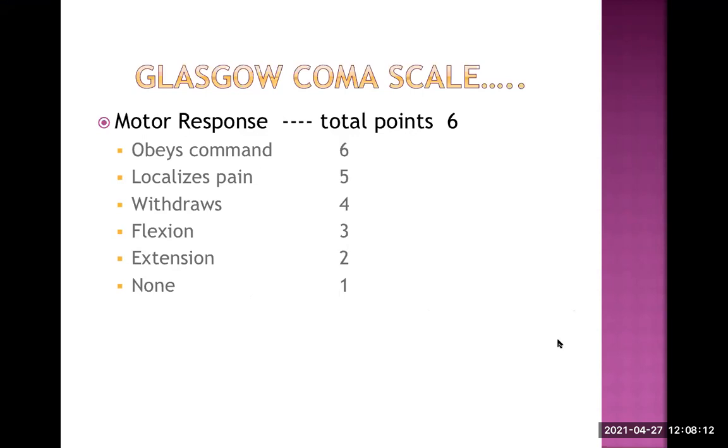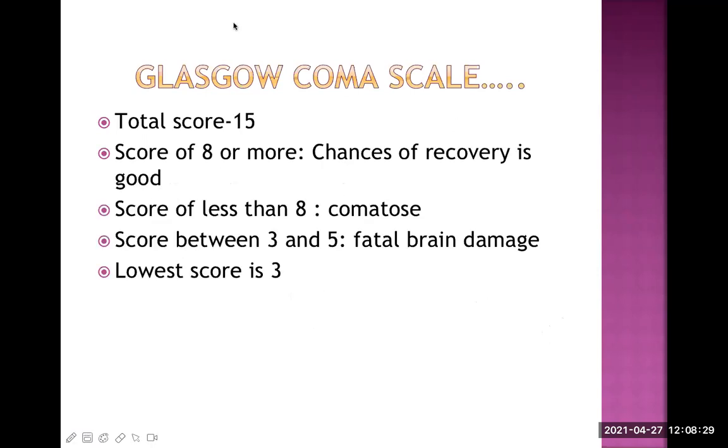Exactly, 15 and 3. Just add that: 4 plus 5 plus 6. So 5 plus 4 is 9, 9 plus 6 is 15. So 15 is the maximum, and the lowest is 1 in each heading, so it is 3. 15 is the maximum, 3 is the minimum.